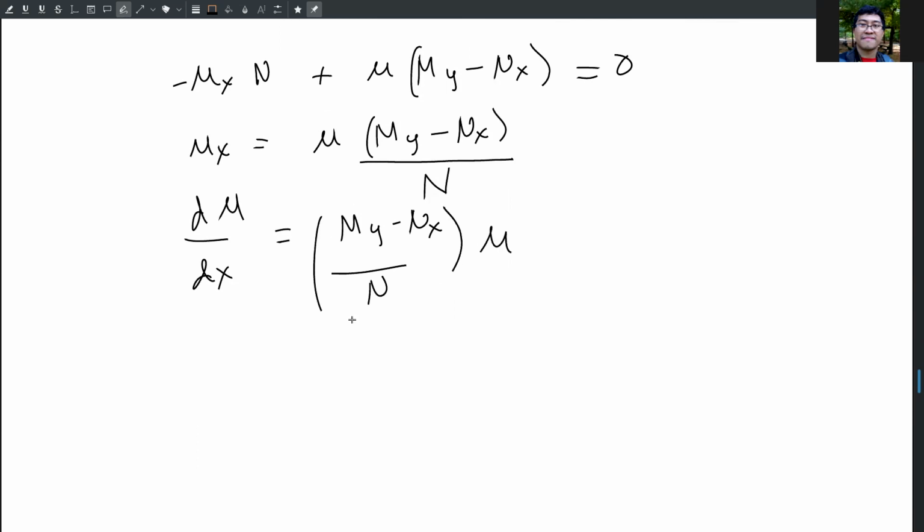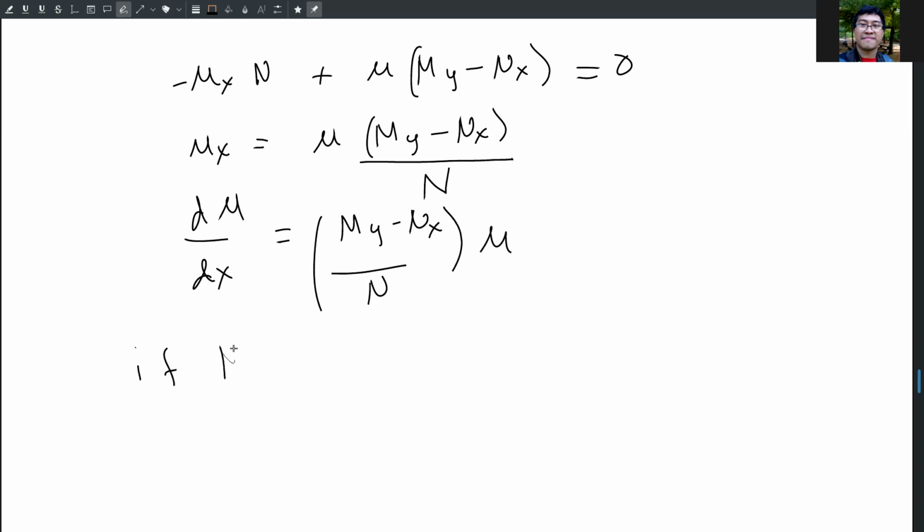If this expression here is dependent only on x, then we can find a mu that only depends on x also.